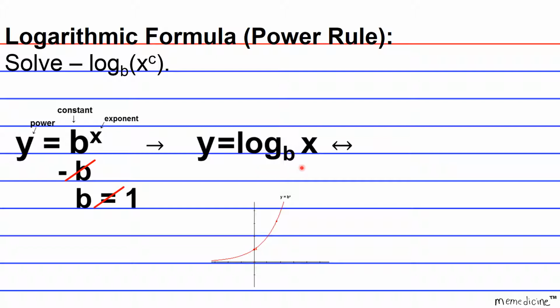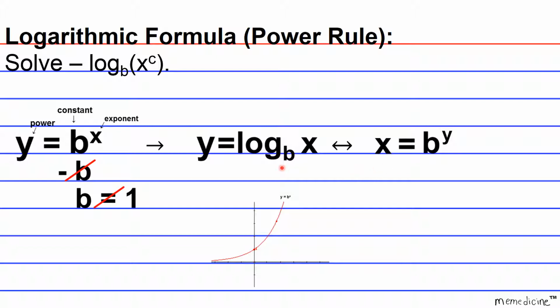So what I'm going to do is show you the equivalent expression in exponential notation. So an equivalent expression for y equals log base b of x is going to be x equals b raised to the y. And whenever you see a logarithm, it's easier to think about the equivalent exponential form in your head.